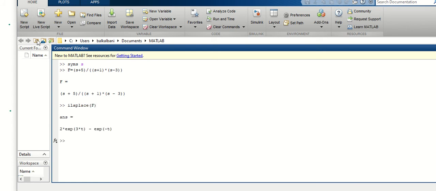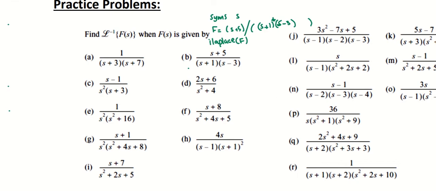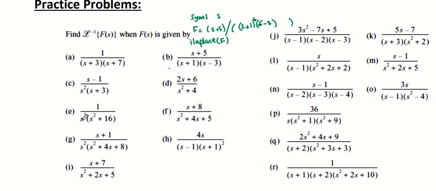Okay, if you want to solve another question, for example here we have 1 over S squared plus 16. So let me solve this one.